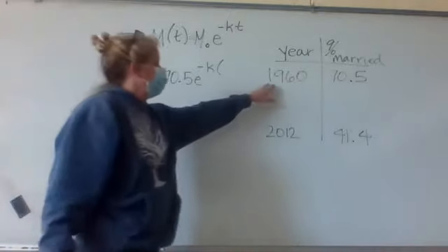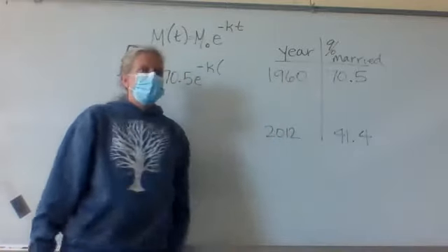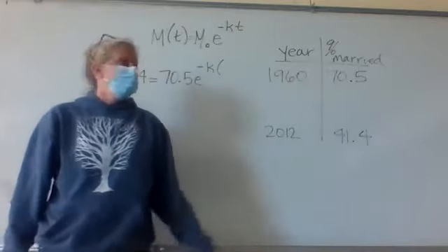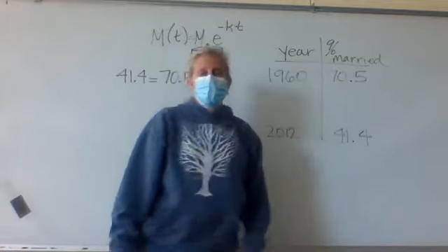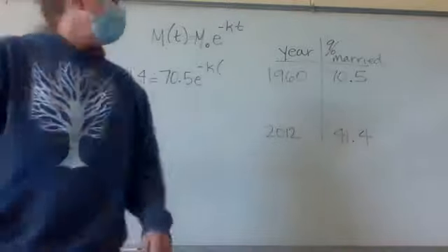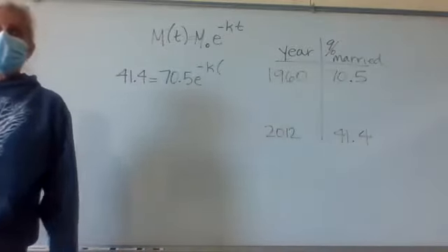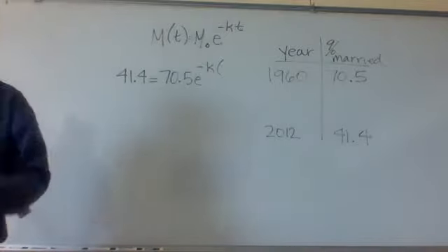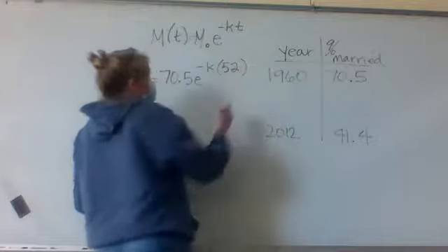Well, when was the beginning amount? 1960. The end amount is 2012. So how long did it take to get from 70.5 to 41.4? It took 52 years, right? That's how long it is from 1960 to 2012. So your T is 52.